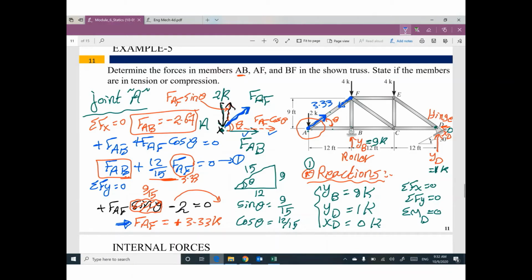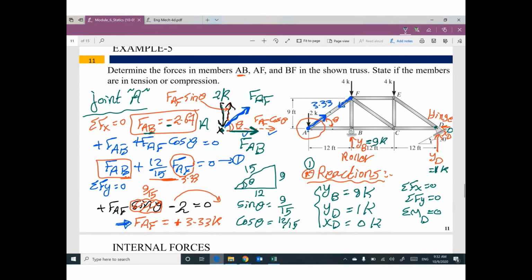Guys, FAB is negative. What does it mean? You assumed the wrong direction. I assumed it tension. No, it's wrong. It should be compression. Okay.